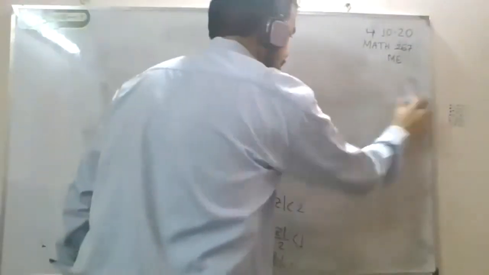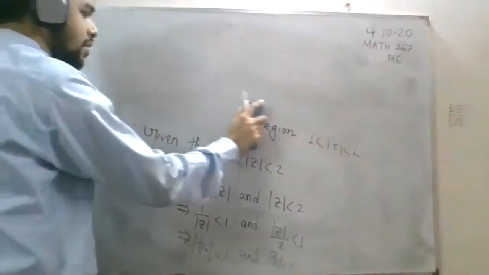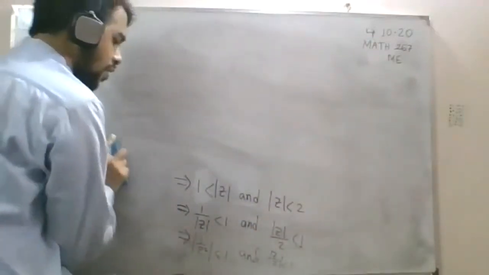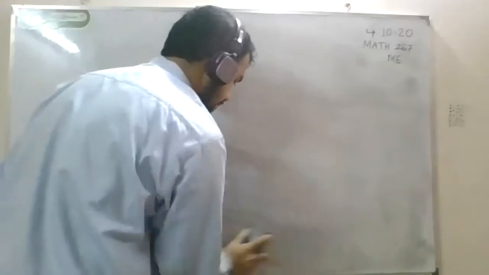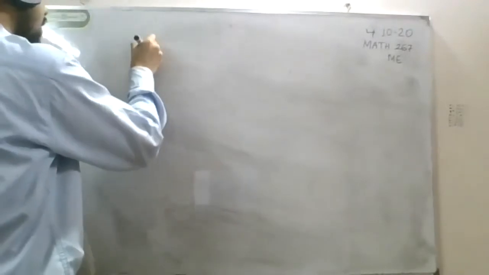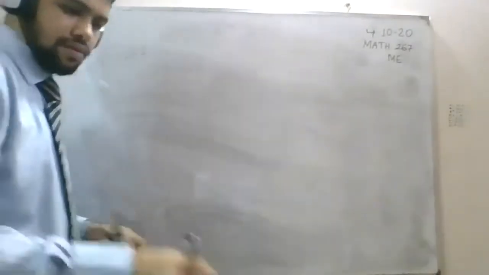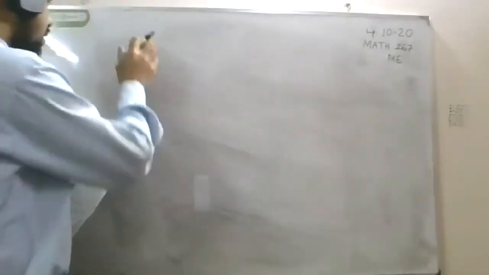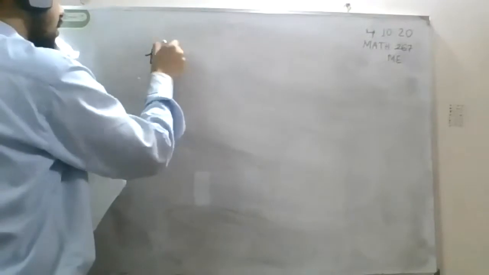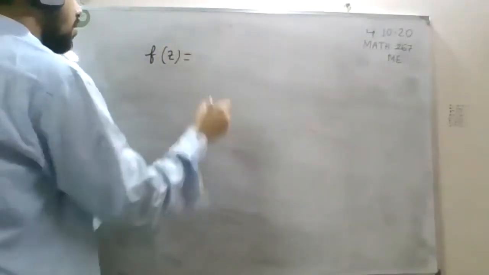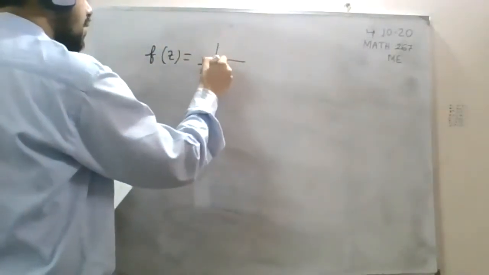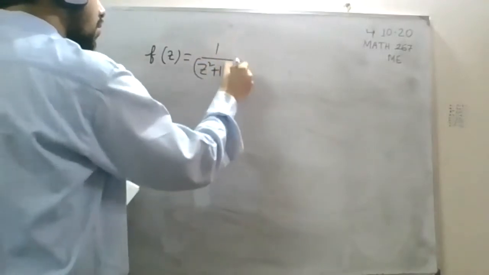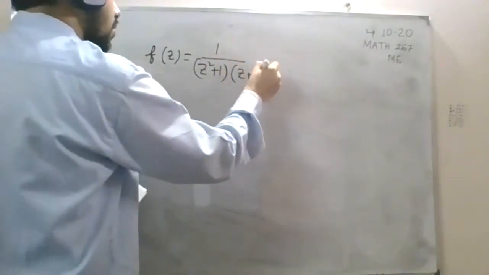Now you have to find out the partial fraction from your given complex function. So let's tell me, here f(z) is 1 by (z square plus 1) and (z plus 2).